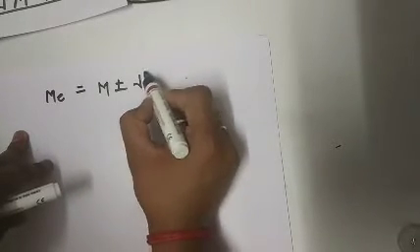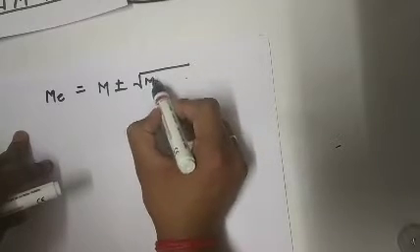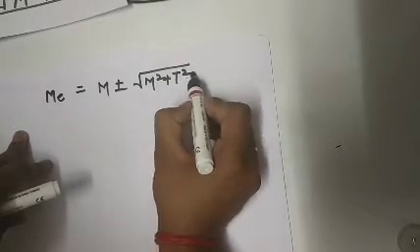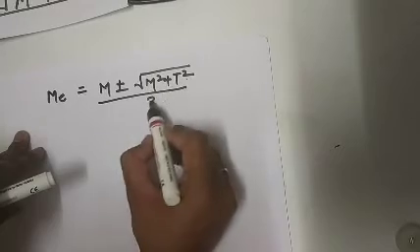The same way we know. Now I am writing the expression again, that if we write the expression for equivalent bending moment for both maximum and minimum principal stresses, then it can be written as M plus minus under root M square plus T square upon 2.